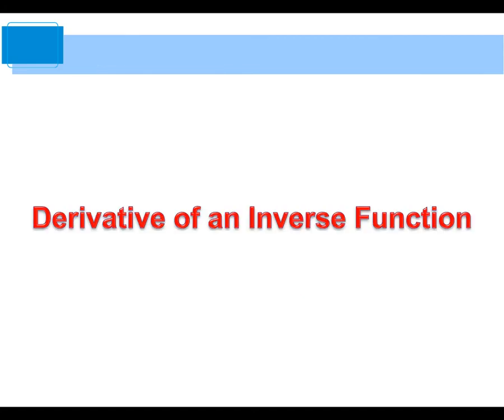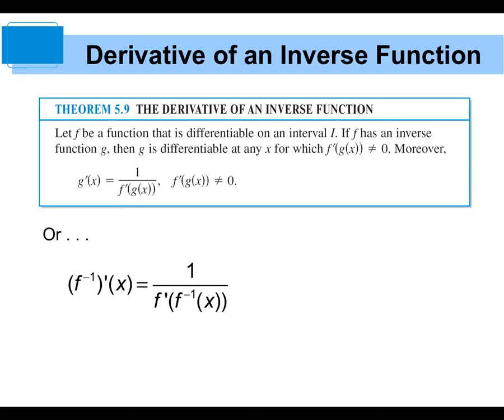All right, derivative. Now I want to take an inverse function and take its derivative. And again, I'm going to show you two ways to do it. The first way is this big scary formula, which, go ahead, write it down.